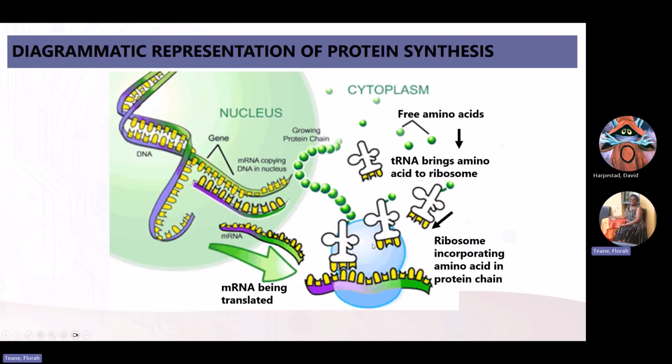Meaning, for an example, learners, if this triplet here is CCG from the messenger RNA, remember, C is for cytosine and G for guanine.